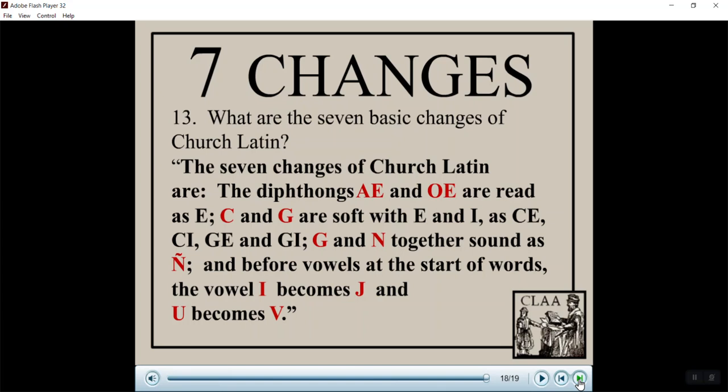Ce and ge are soft with e and i, as che, chi, je, and ji. Gn together sounds as enye. And before vowels, at the start of words, the vowel i becomes j, and u becomes ve. These are the 7 changes of church Latin.